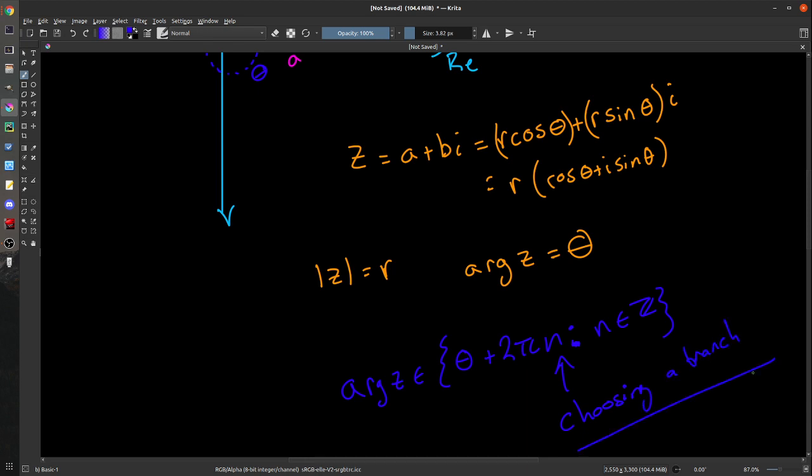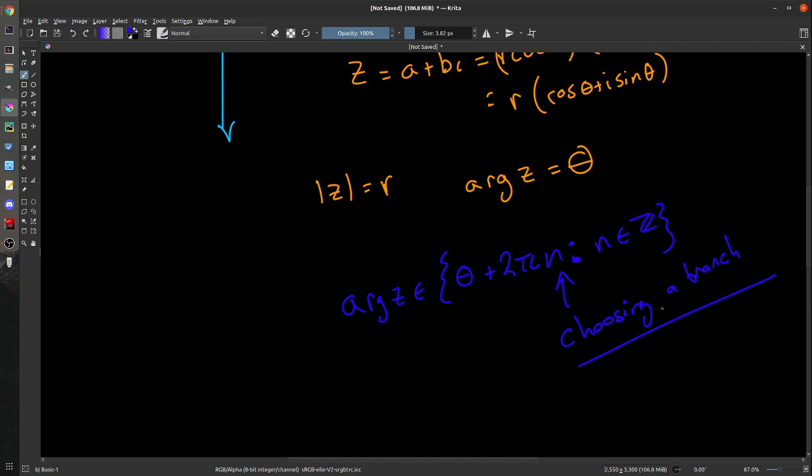This is not a formal definition or anything like that, but just to get you thinking in this mindset to start with, when we have these ambiguities where we could choose multiple things, this will normally correspond to choosing a branch of something.